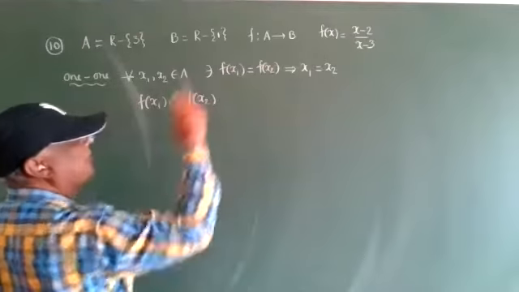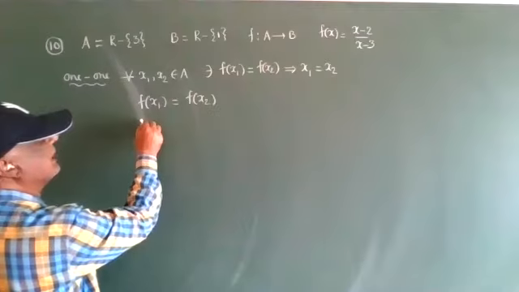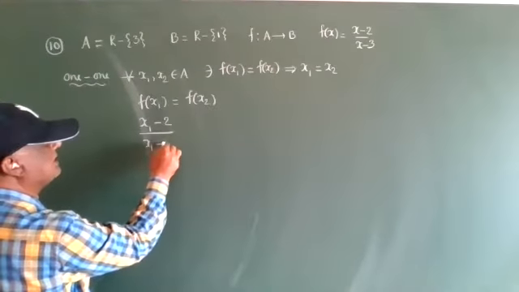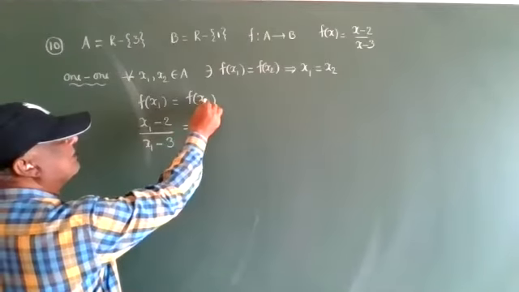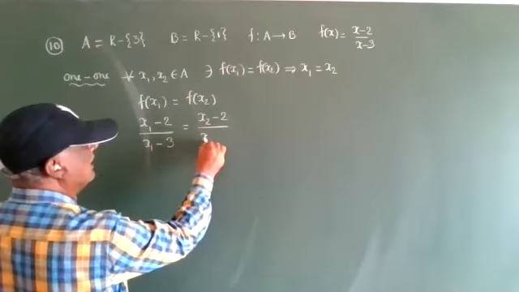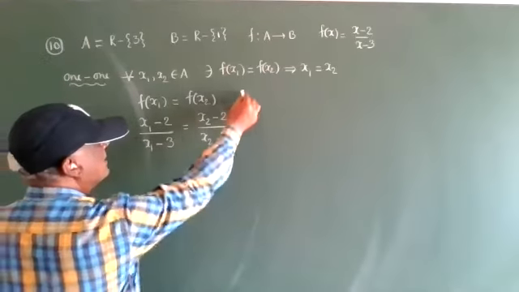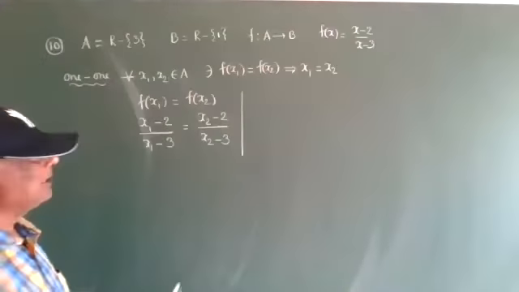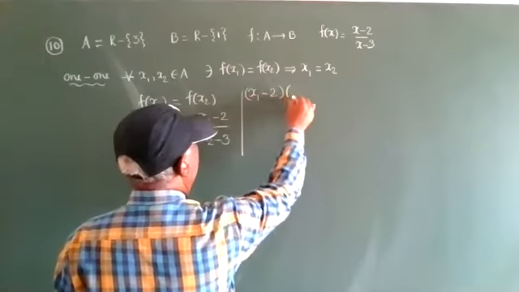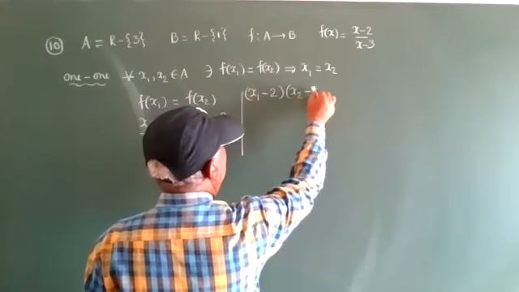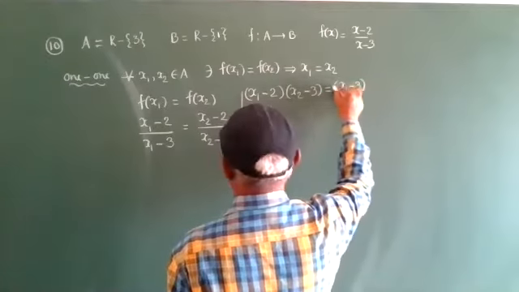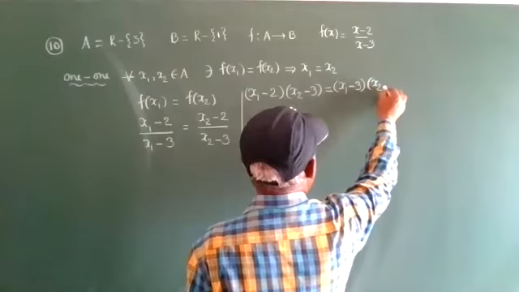In the definition of f, x replaced with x1: x1 minus 2 by x1 minus 3. X replaced with x2: x2 minus 2 by x2 minus 3. Apply the cross multiplication. So x1 minus 2 into x2 minus 3 is equal to x1 minus 3 into x2 minus 2.